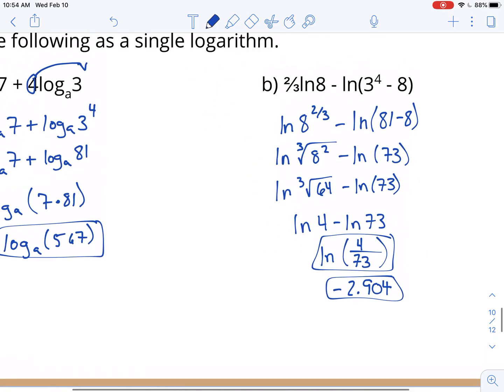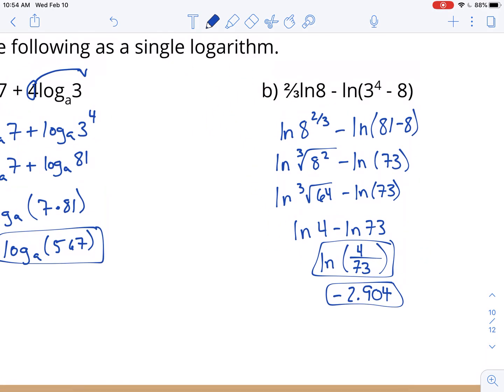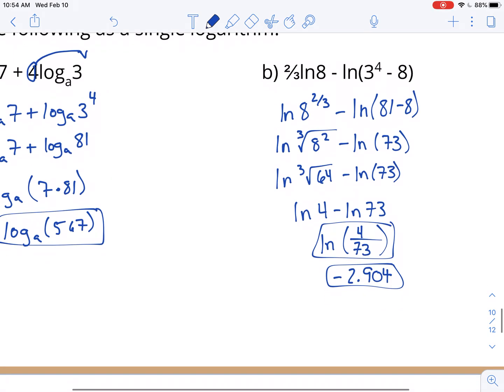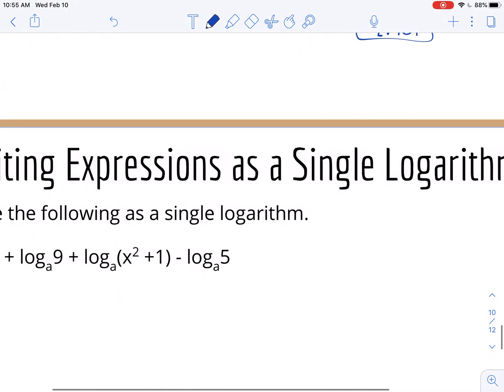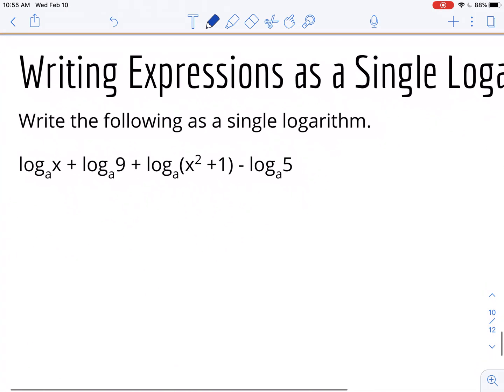If we wanted to, we could go from the very beginning. We could plug that 2/3 natural logarithm of 8 minus the natural logarithm of 3 to the 4th minus 8 into our calculator, and we would see that that's the same as well.